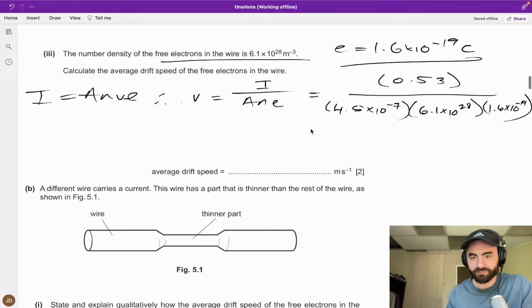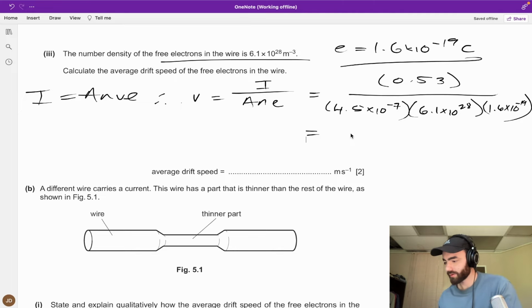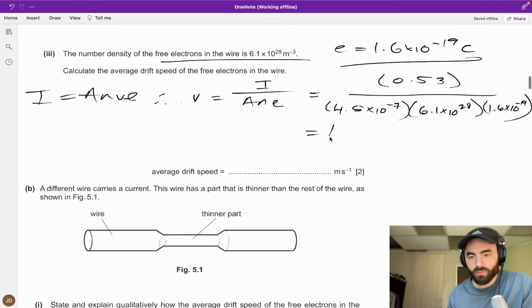Squeeze it in. 4.5 E negative 7 times 6.1 E 28 times 1.6 E negative 19, and 0.53 divided by that. 1.2 times 10 to the negative 4.